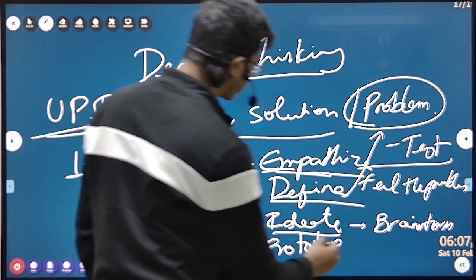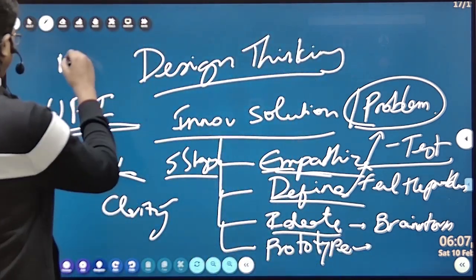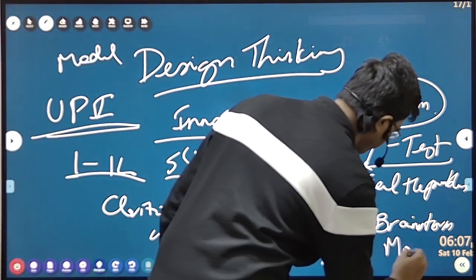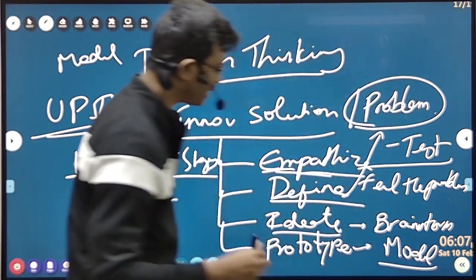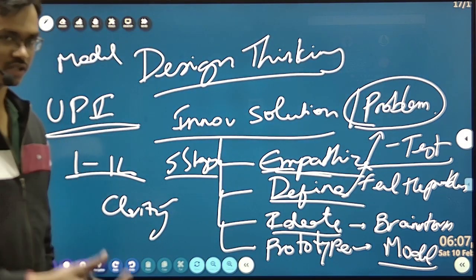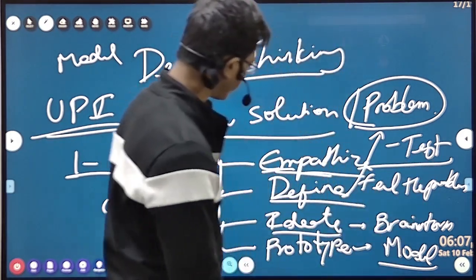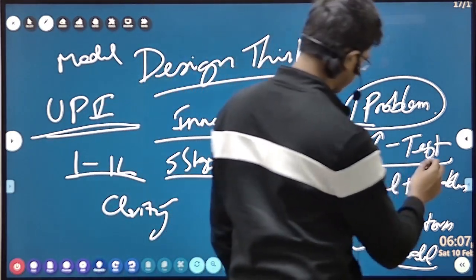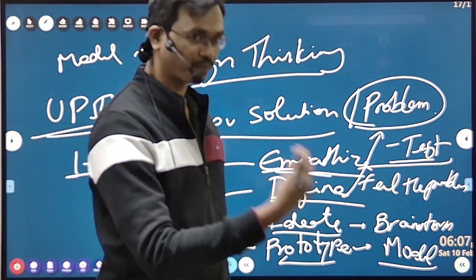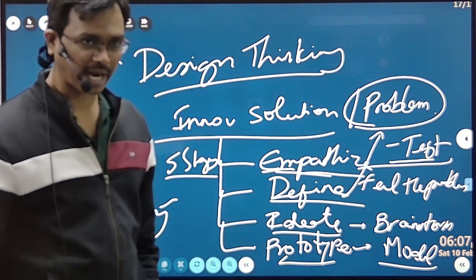And based on that, prototype. Prototype is nothing but a model. You build one model to see whether it works, how it works. And then test. Once you develop the model, you have to test it. You find what deficiencies are there, how you can improve the product, what features are missing, what features you have to add.